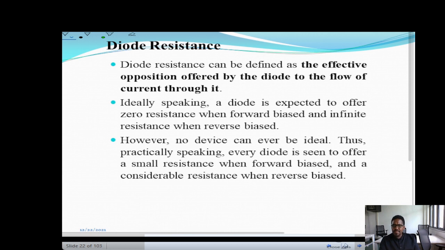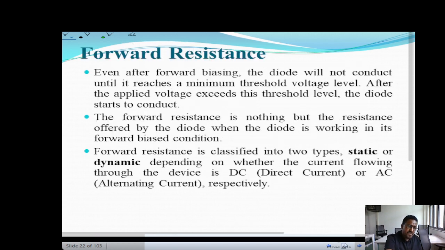Thus, practically speaking, every diode offers a small resistance when forward biased and considerable resistance when reverse biased. When you see forward resistance, even after forward biasing, the diode will not conduct until it reaches a minimum threshold voltage level. After the applied voltage exceeds this threshold level, the diode starts to conduct.